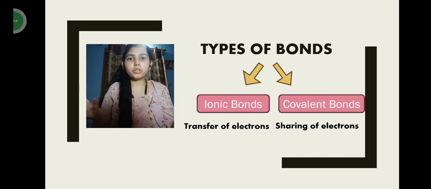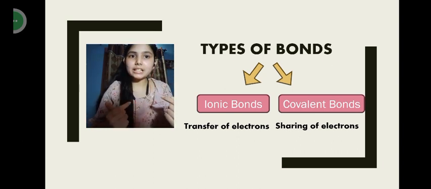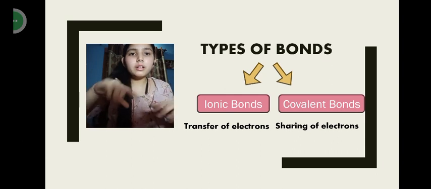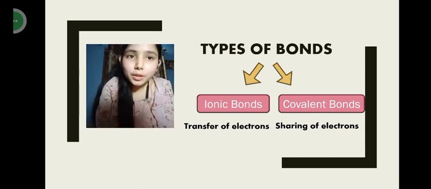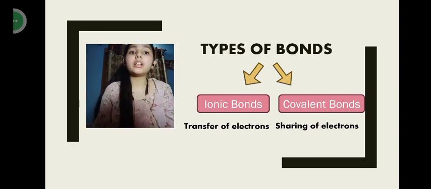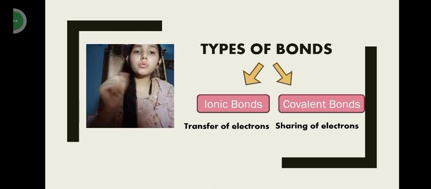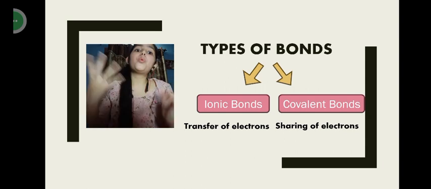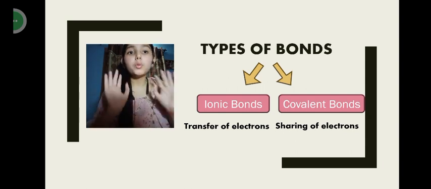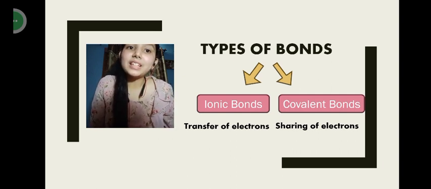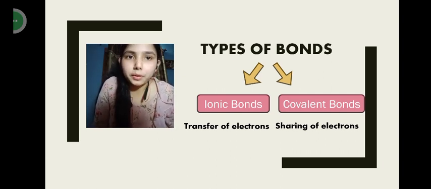Both friends will give money, collect money and buy one necklace, and they will use that necklace on alternate days, right? They're doing sharing. No one is the individual owner of that necklace, both have the same contribution, so both are sharing that. So that's what we call a covalent bond.